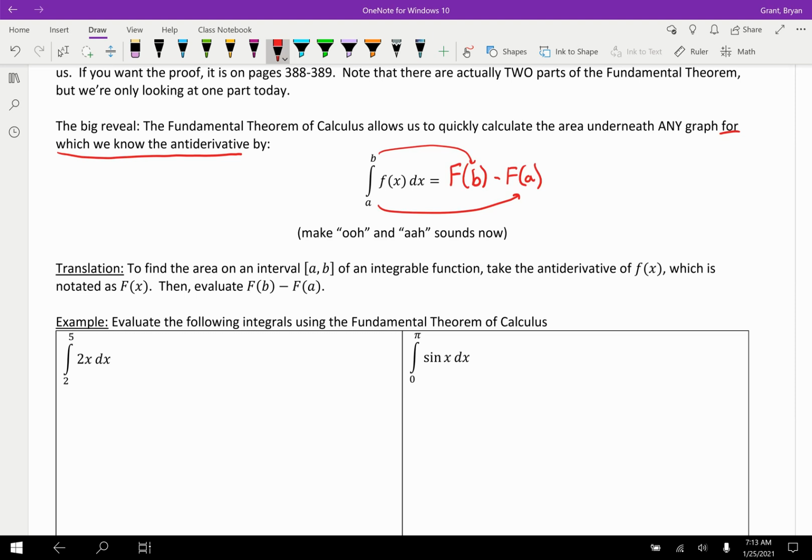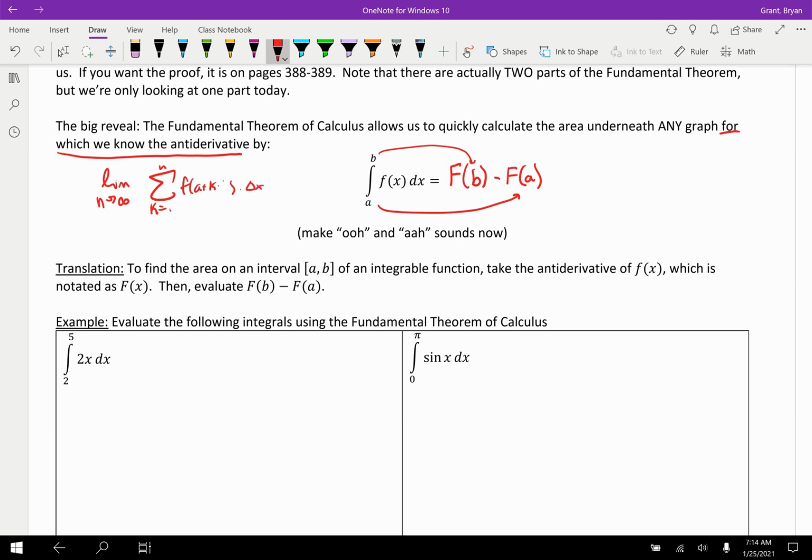The other reason that we study that is because it's very important to understand how this process evolved into finding the actual antiderivative, and in particular we need to know that summation definition of the integral, right? The one that we learned last class where it looks something like this, right? We go from k equals 1 to n, and then there's the f of whatever times delta x, right?